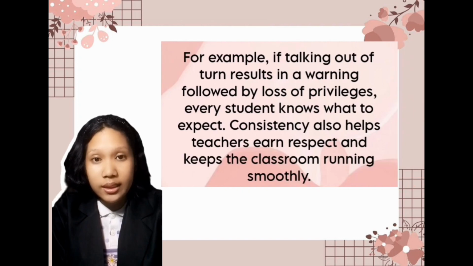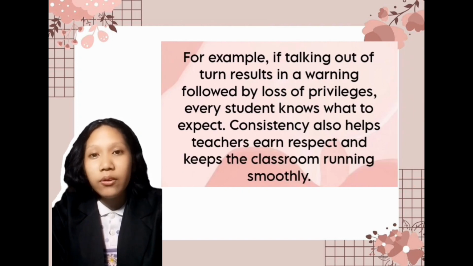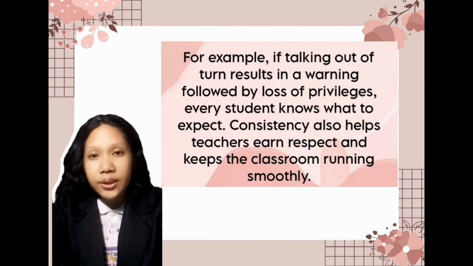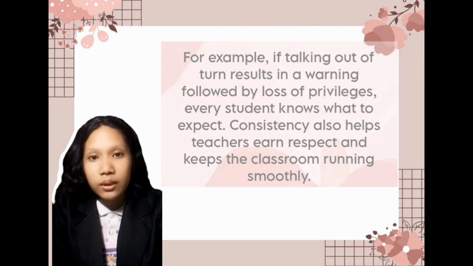For instance, if talking out of turn results in a warning followed by loss of privileges, every student knows what to expect. Consistency also helps teachers earn respect and keeps the classroom running smoothly.